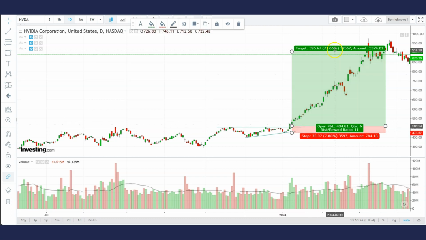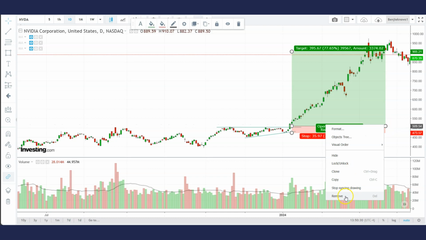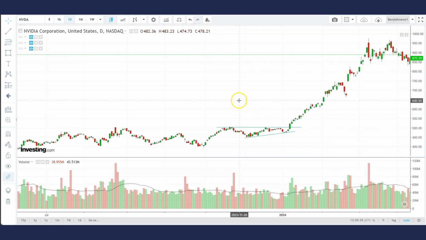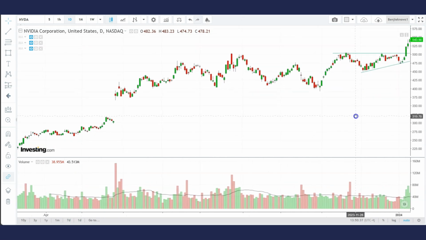This is your risk, and the green here is your profit. You can do the maths: if you are risking 1,000, you stand to gain 11,000. So this is what it looks like as it breaks out. You buy the breakout and put a stop loss at the recent swing low, or if you are less aggressive, you can put the stop loss here.